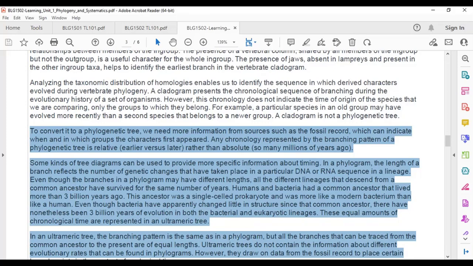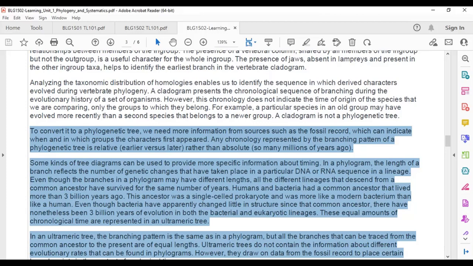The fossil record includes time. You can deduce the record of time, which indicates when and in which group a characteristic first appeared. So any chronology represented by the branching pattern of a phylogenetic tree is relative.